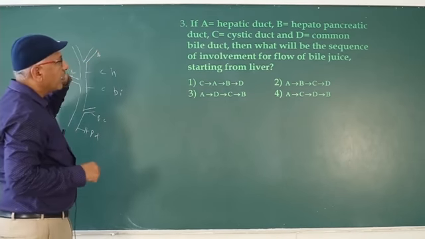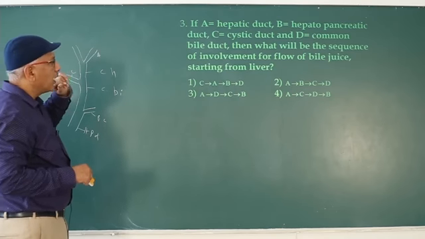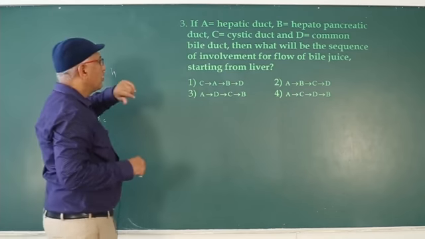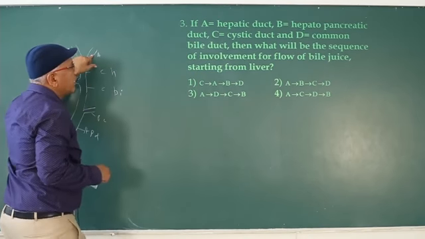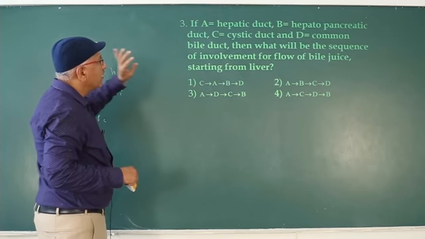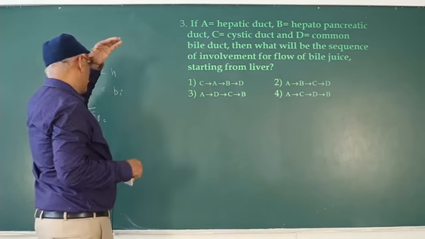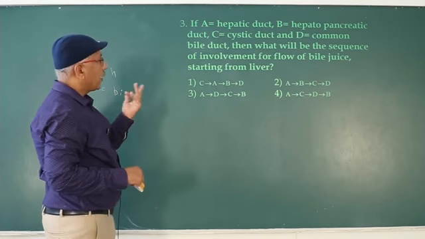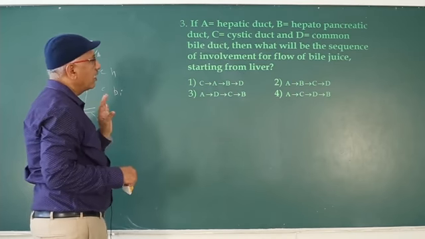B, hepatopancreatic duct. Wrong. C, cystic duct. Wrong. Common bile duct. So in the sequence, first hepatic duct. For example, C cystic duct given, later hepatic duct. Wrong. Second option A, hepatic duct correct. B, hepatopancreatic duct wrong.